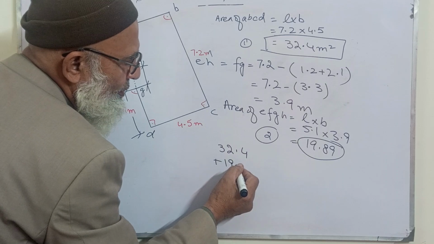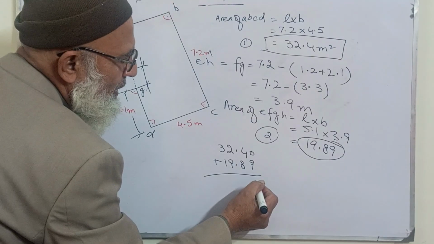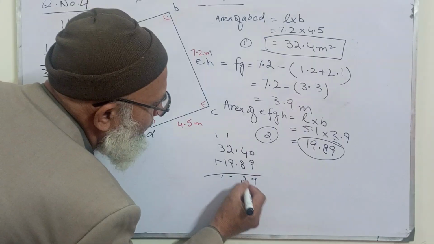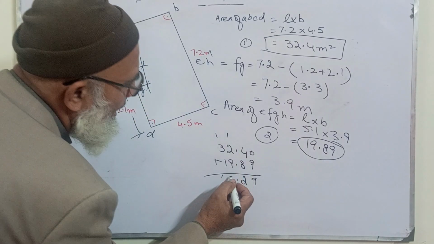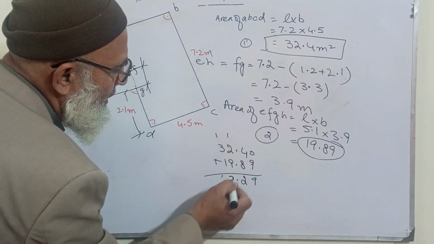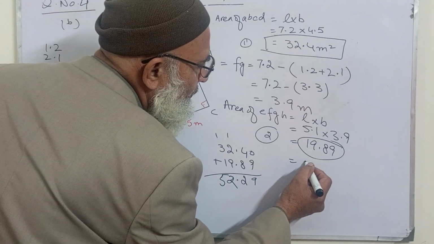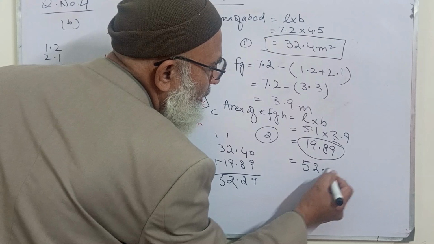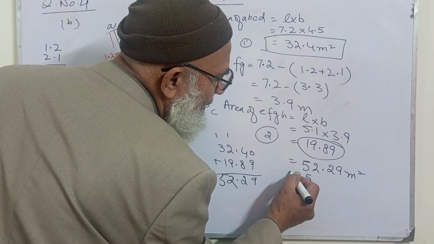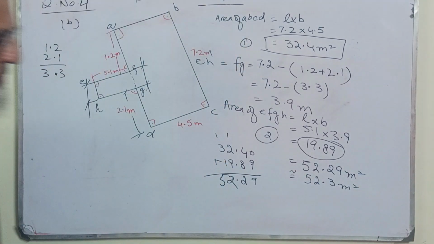We're going to add these two: 9 and 4 are 13, carry over, and so on. That gives 52.29 meters square, or simply you can write it 52.3 meters square. So this is your answer.